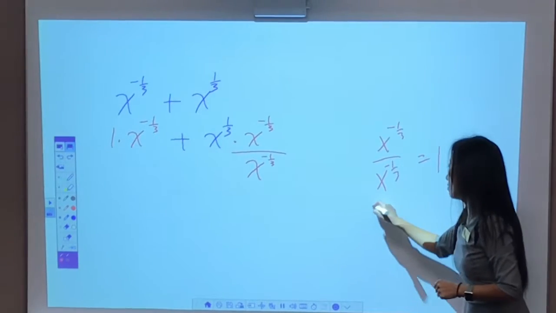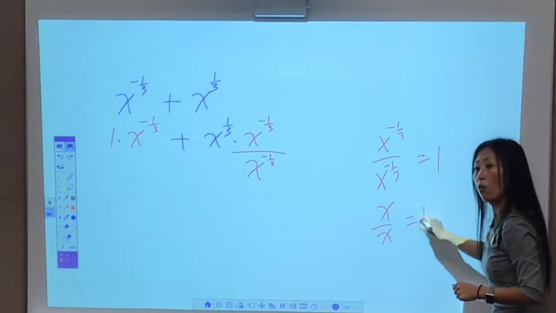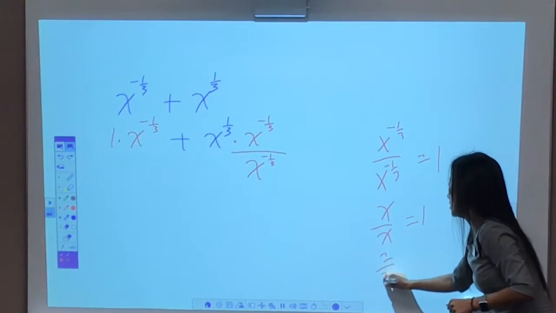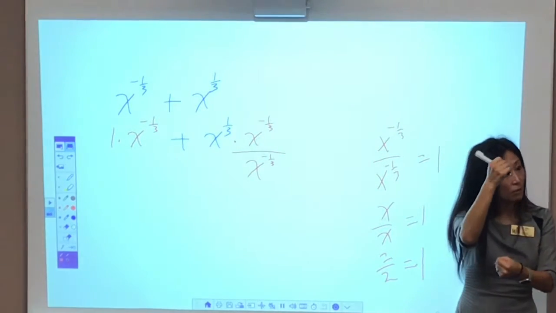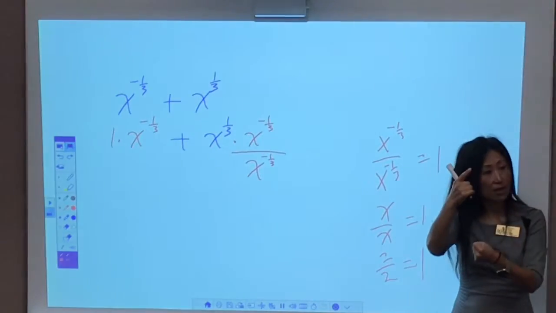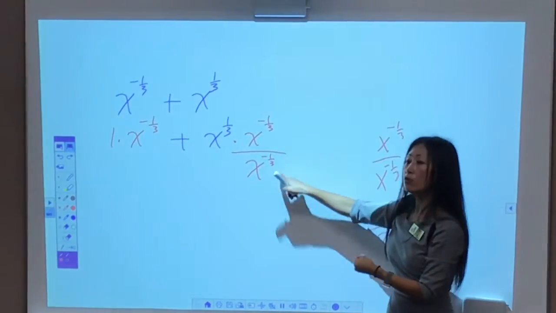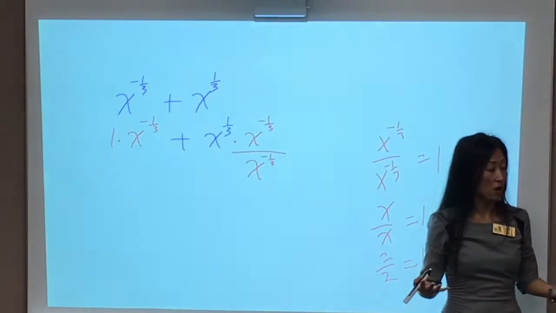Just like x over x is equal to what? 1. 2 over 2 is equal to what? 1. Two exactly same numbers or same expressions is equal to 1. So when I multiply by 1, am I changing anything? No, it's the same thing.